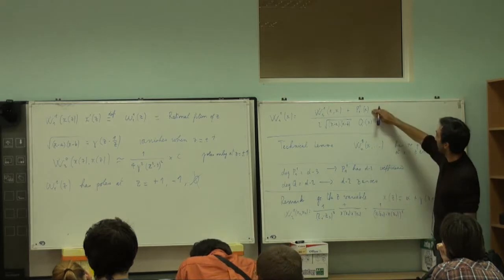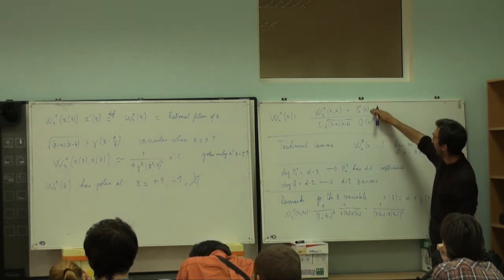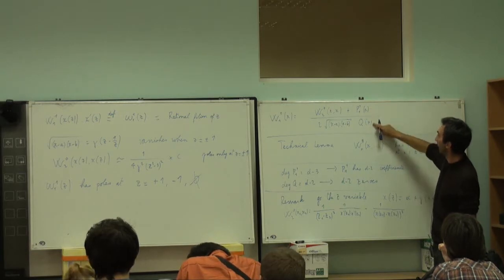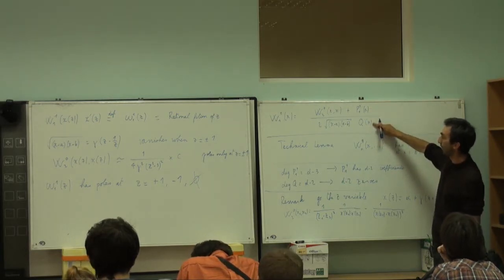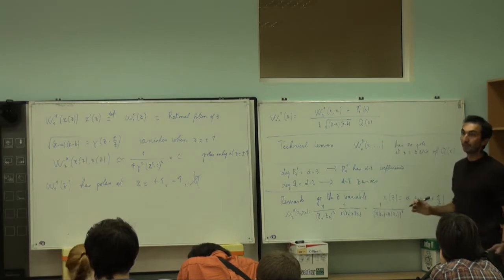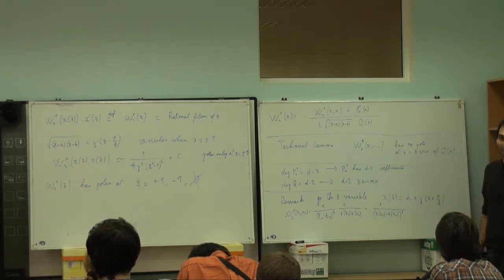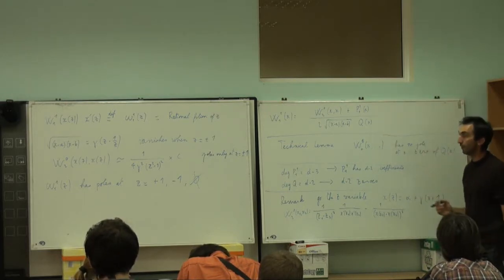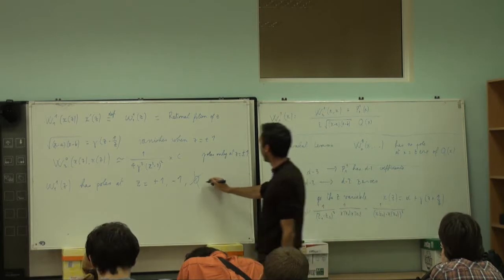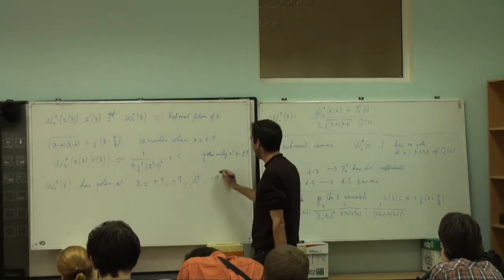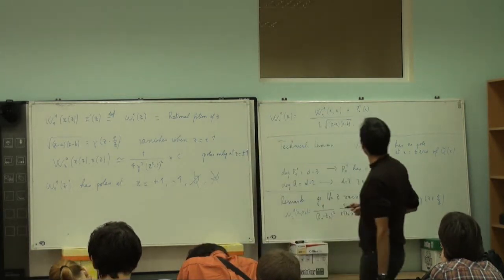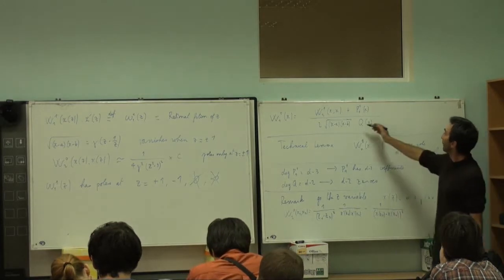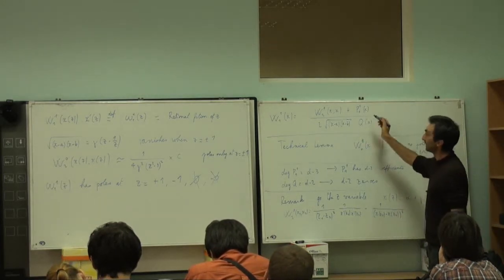So this one diverges like 1 over z to the power d minus 3, and this one has 1 over z to the power d minus 2, so the ratio is not divergent at z equals 0. Same thing at infinity. When z goes to infinity, the ratio remains finite. There is no pole at infinity. And the only other possible poles would be the places where this vanishes.